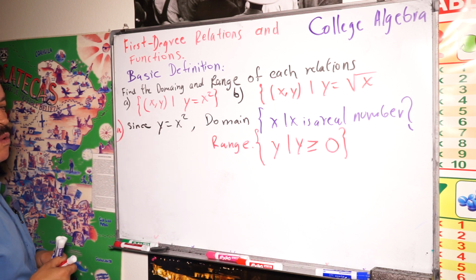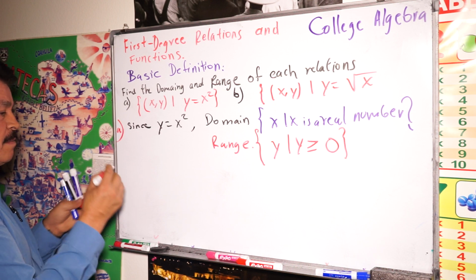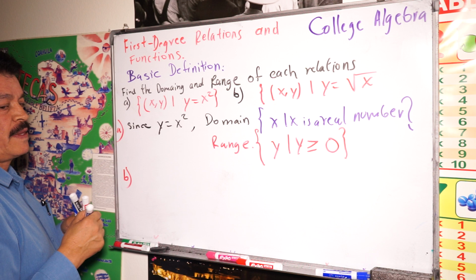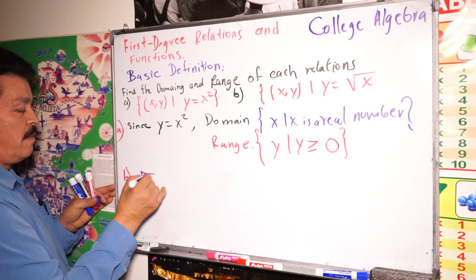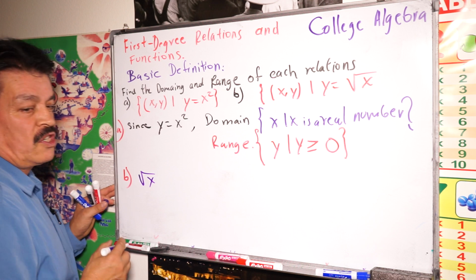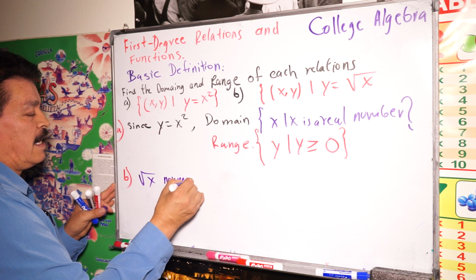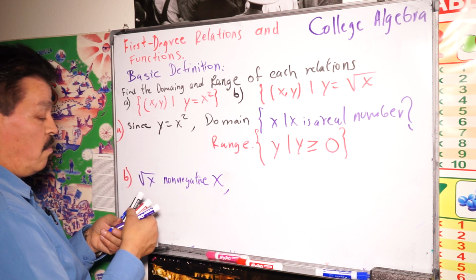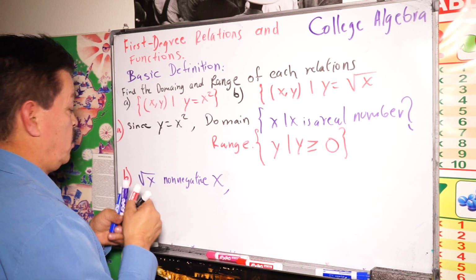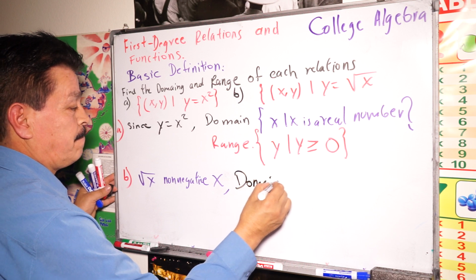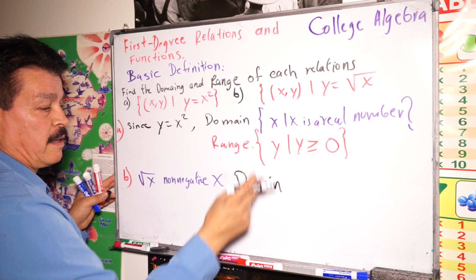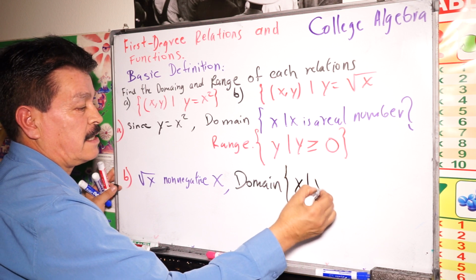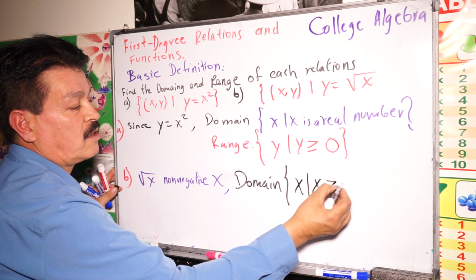Now the second one, problem B. Since the square root of x is defined only for non-negative x, the domain here can be written as the set of x such that x is greater than or equal to 0.